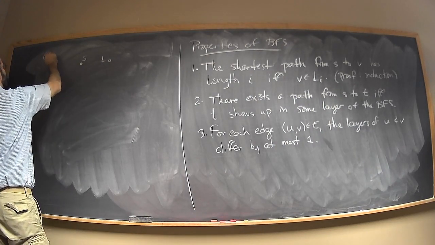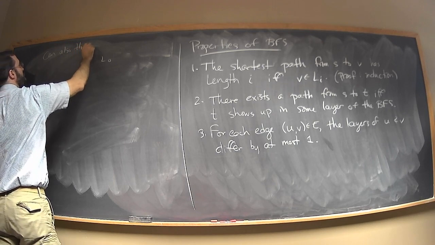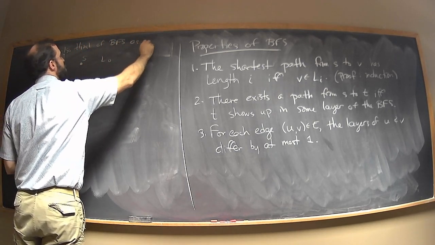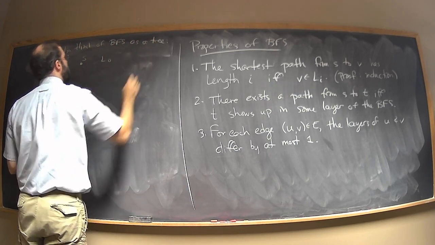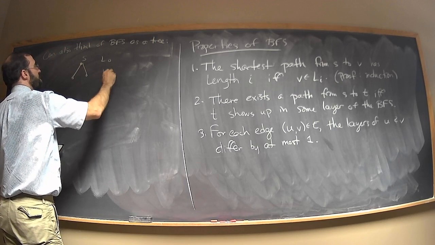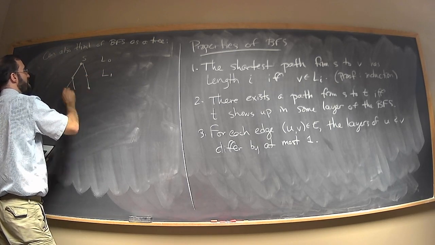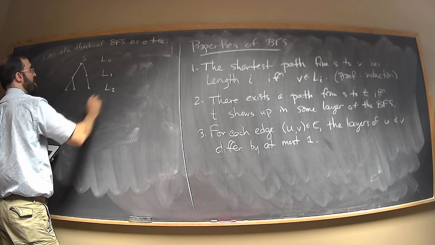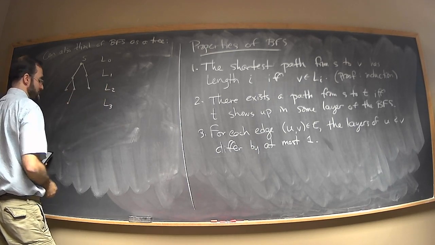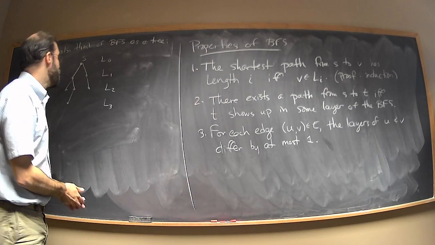So I can also think of BFS as a tree. We follow some edges, and we get to layer 1, and then there might be some more edges here. Get to some vertices in layer 2, layer 3, and there can be other edges.